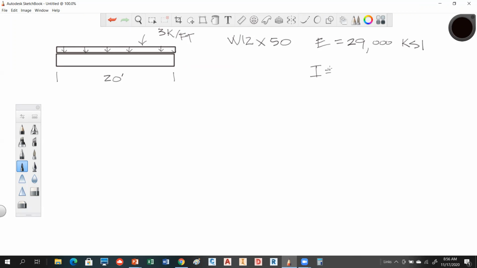If we go back to Appendix A, let's see what you guys come up with. Can anybody tell me the moment of inertia for that section? We're looking on pages 602 and 603 for a W12 by 50.